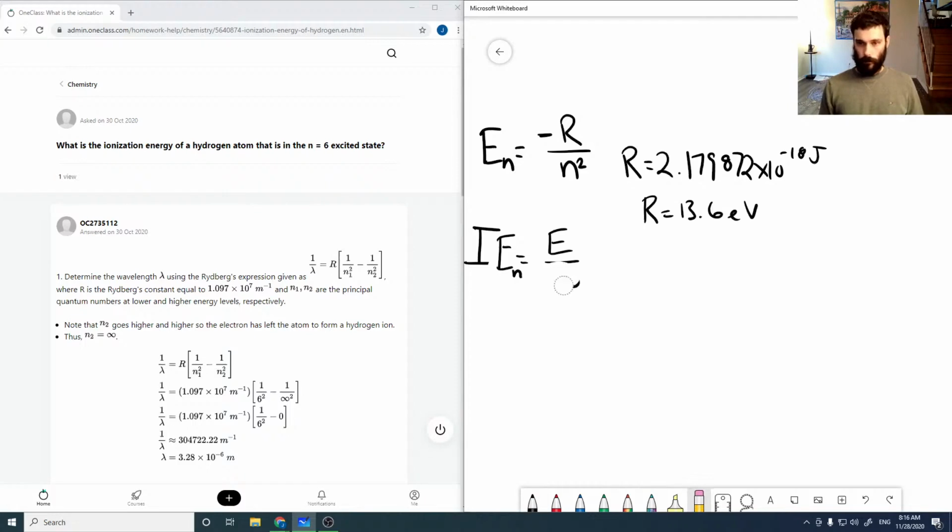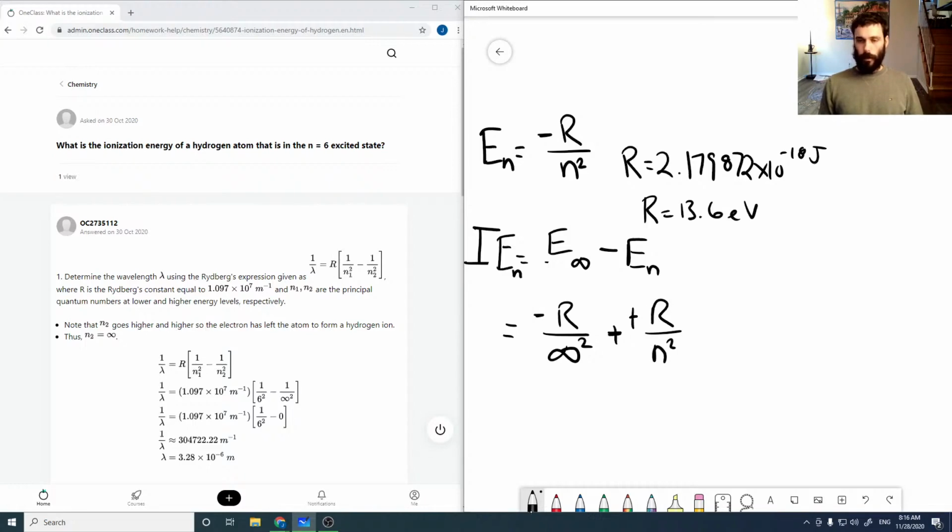It's the difference between our energy at n equals infinity and our end state. So our final is infinity and our initial is n.